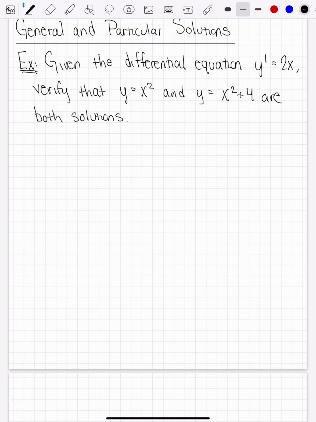So if we're going to verify that they're both solutions, we need to remember to plug in the derivative of y into the differential equation. In this differential equation, you only see the first derivative on the left hand side. So that means if we take the derivative of y equals x squared and y equals x squared plus 4, they should equal the right hand side, the 2x, and then we'll know that these are solutions.